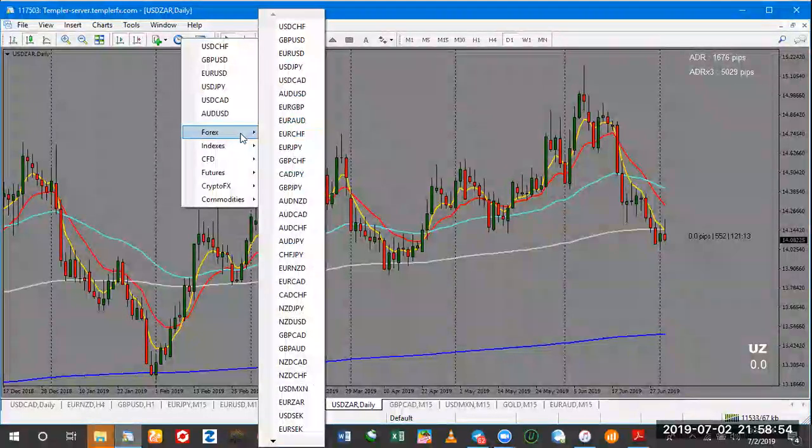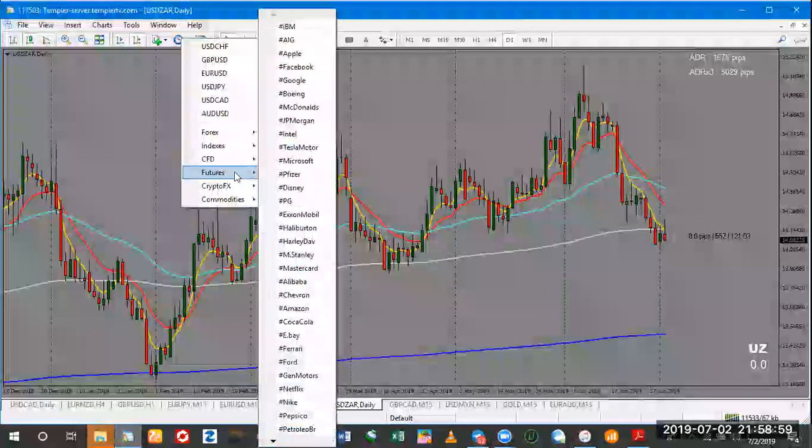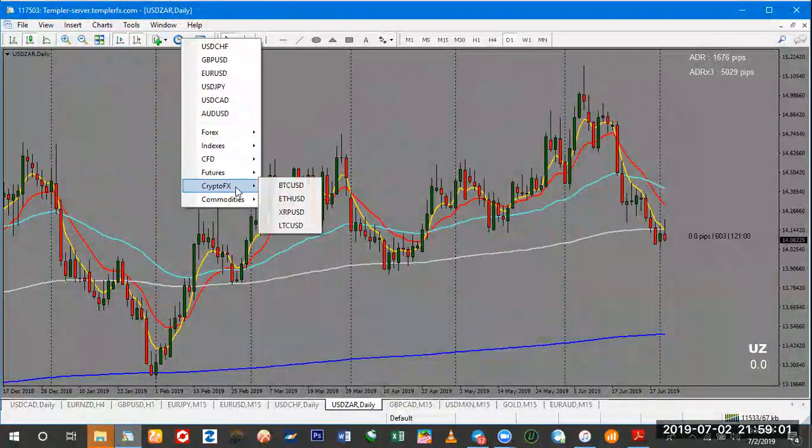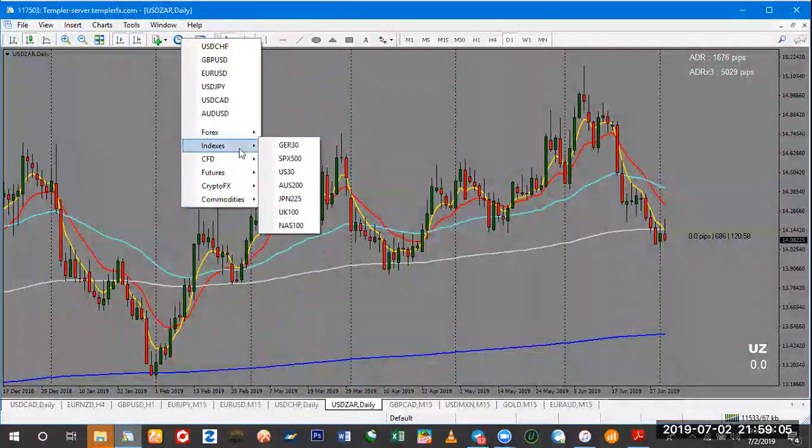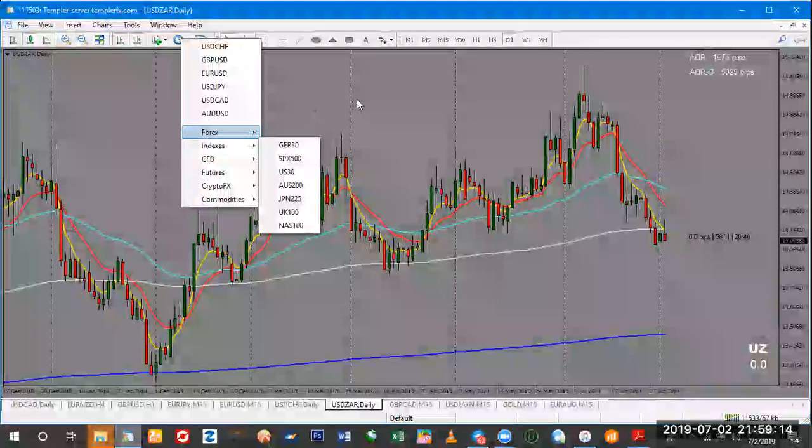These are currency pairs. We have the CFDs, the futures, the crypto, the commodities, and we have the index. So these are the indices, which we are going to talk about right now.